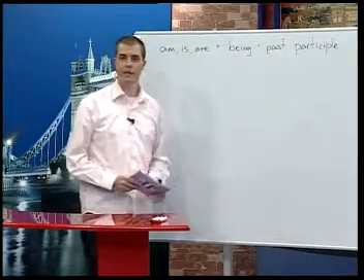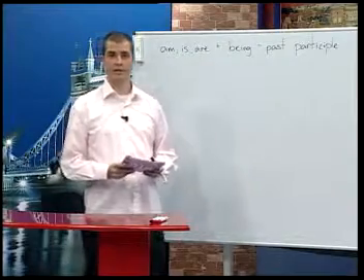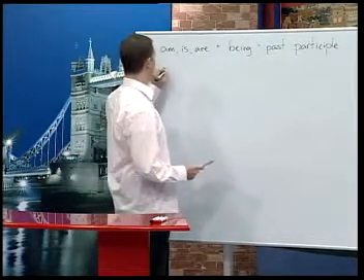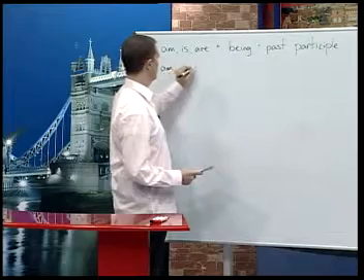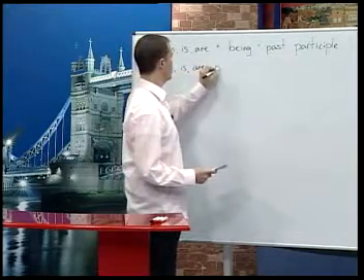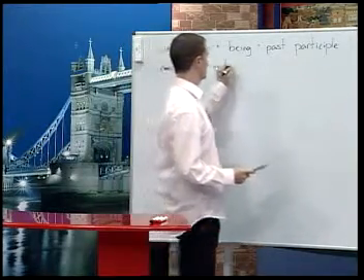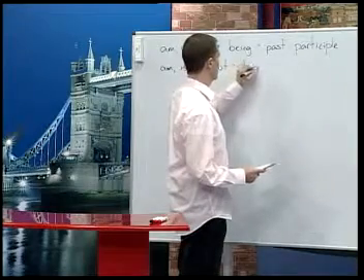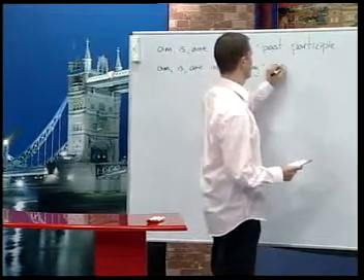To form the negative of the present continuous tense, we use am, is, are not, plus being, plus past participle.